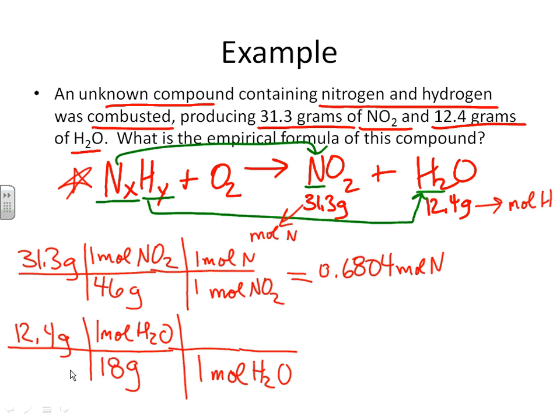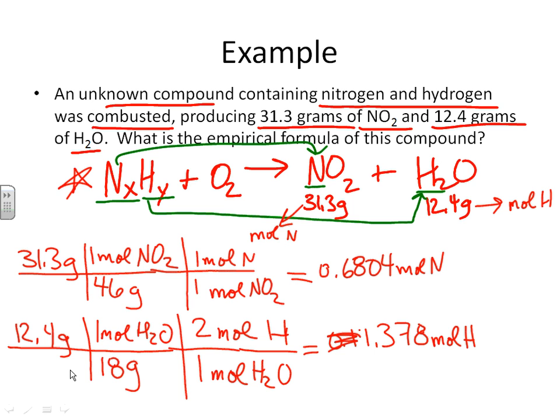That means that we need moles of N and we need moles of H. We already have the moles of N. This is getting us the moles of H. So doing out this math, 12.4 divided by 18 and then multiplied by 2, we get 1.378 moles of hydrogen.